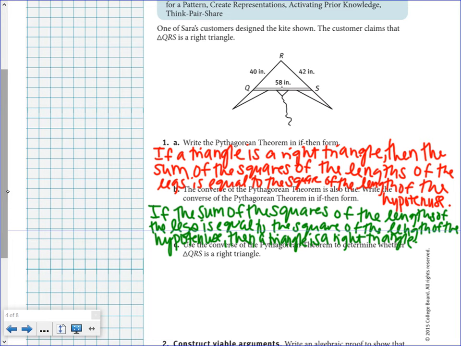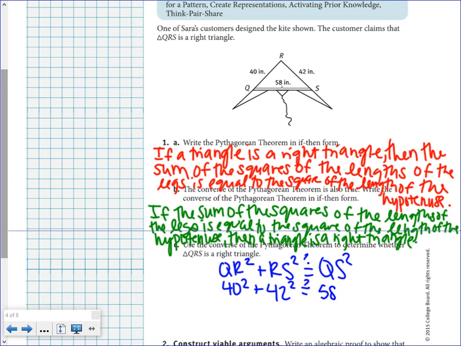So what we're going to do is QR squared plus RS squared equal to QS squared. So QR is 40, RS is 42, and QS is 58. And we want to see, does that equation hold true?